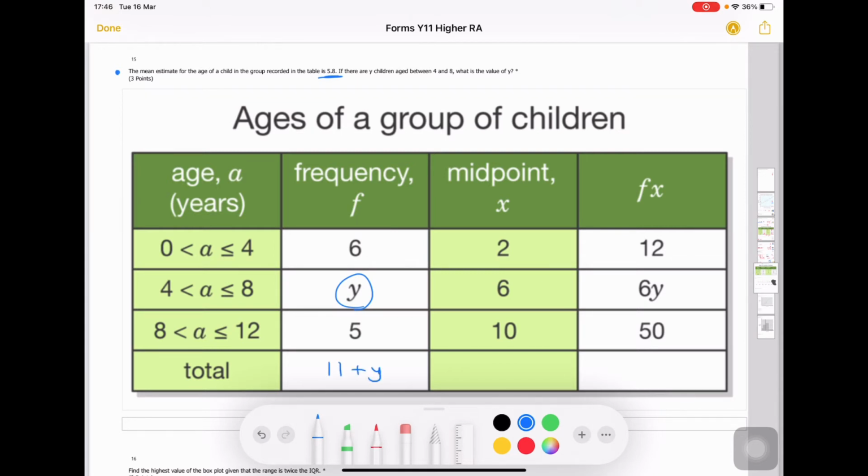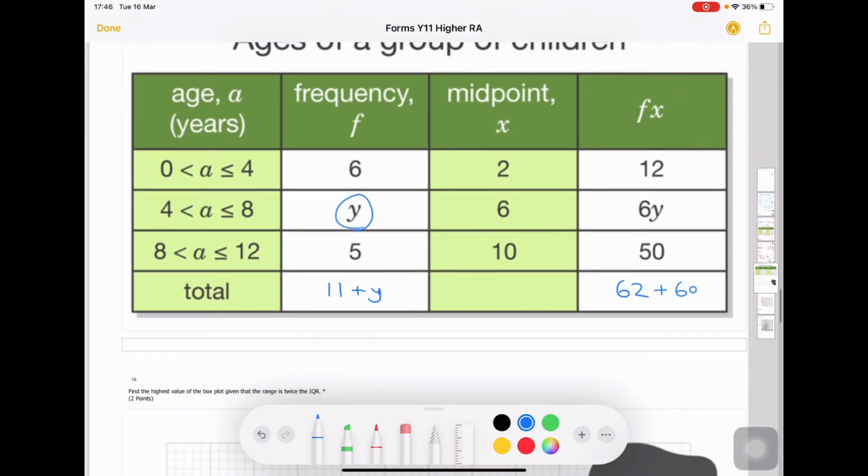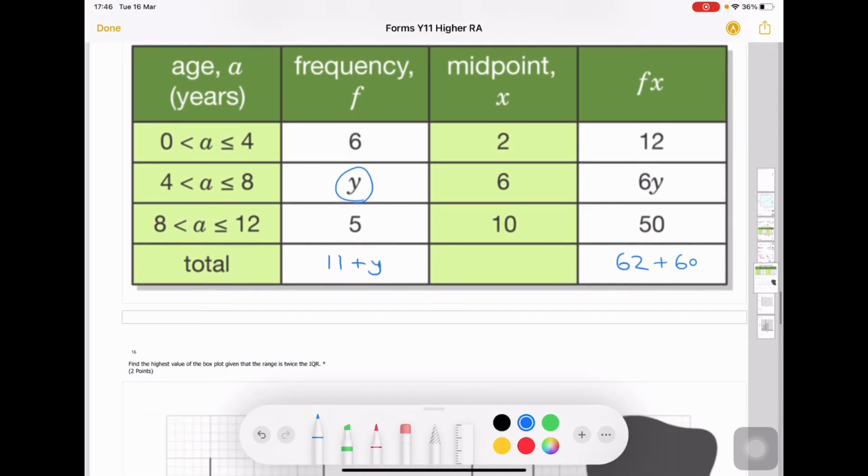And here we have 62 plus 6y. The estimated mean is 5.8, so 5.8 equals 62 plus 6y, divided by 11 plus y.